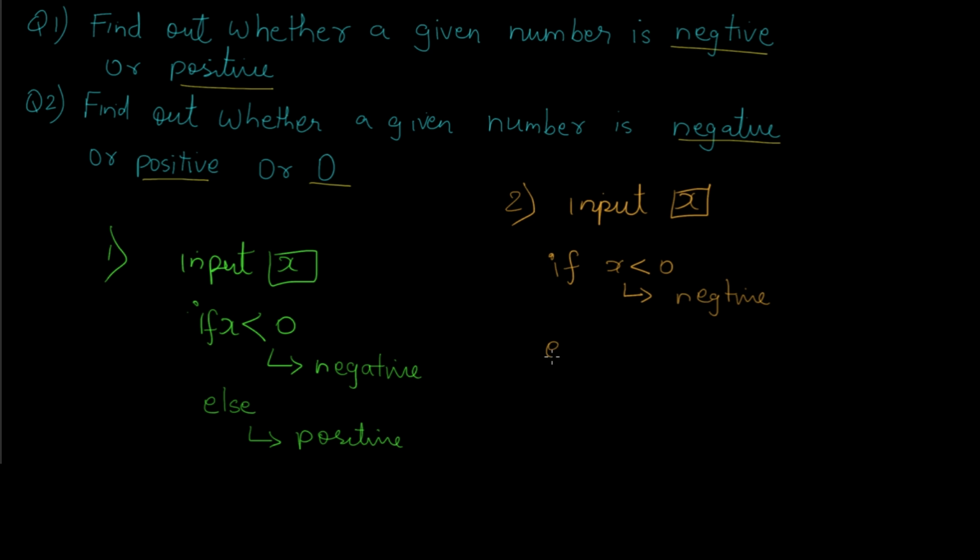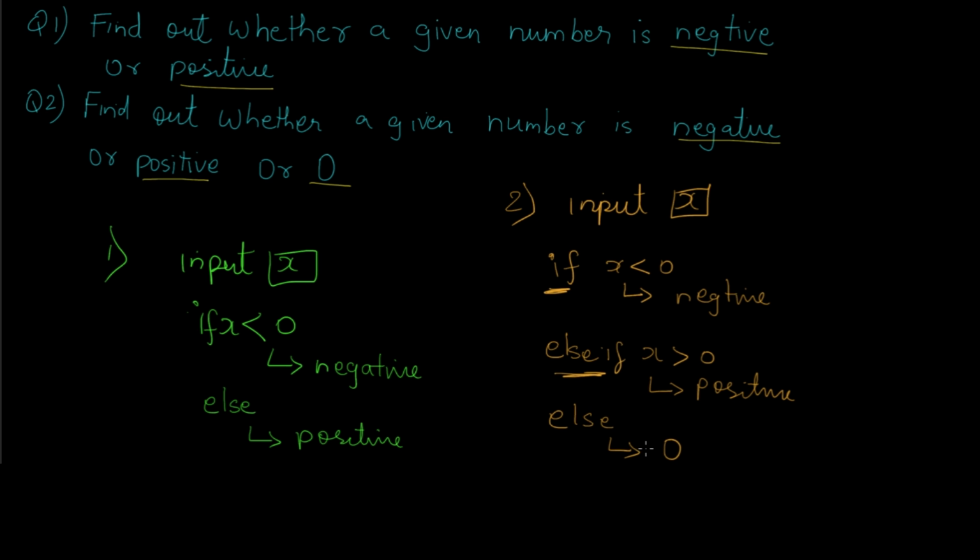Now we have to check if x is greater than 0, and if it is greater than 0, it has to be a positive number. And the final condition, that is, if this condition and this condition are not satisfied, then it should go in the final condition, which is it is neither negative nor positive. So that number is actually a 0.